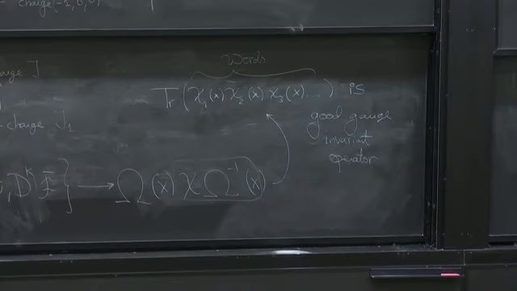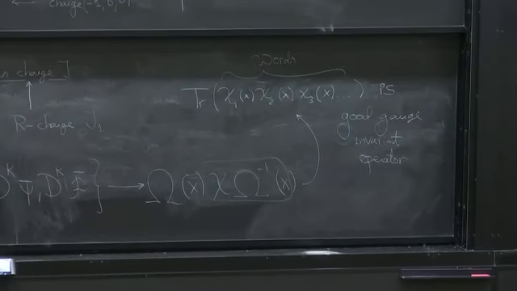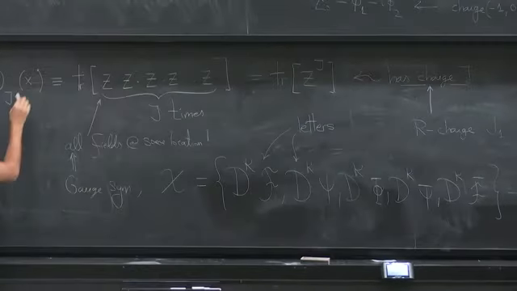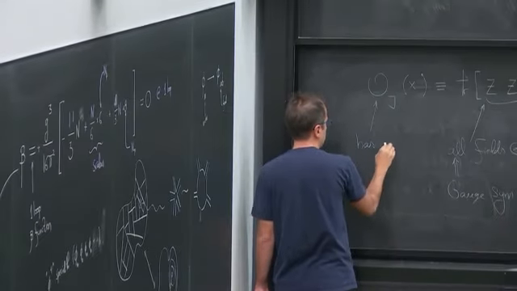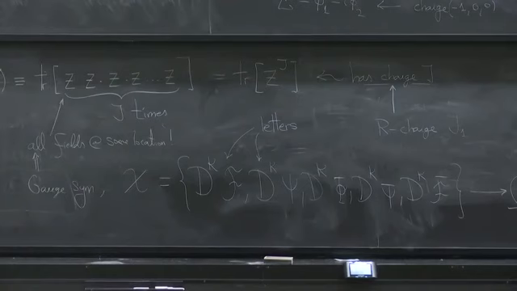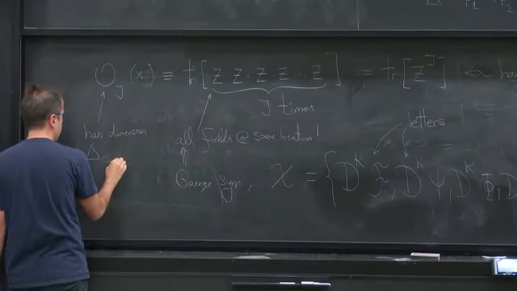Now, we observe here an interesting thing, that this operator has charge J. And what is the dimension of this operator? Or more precisely, what's the classical dimension of the operator?